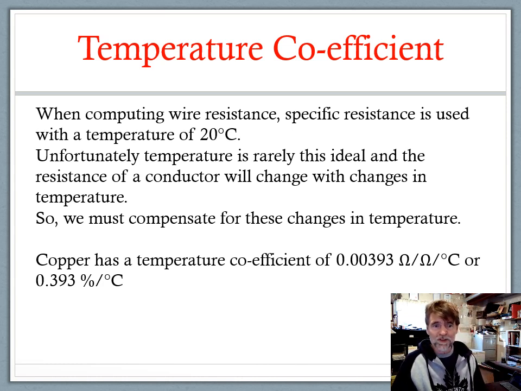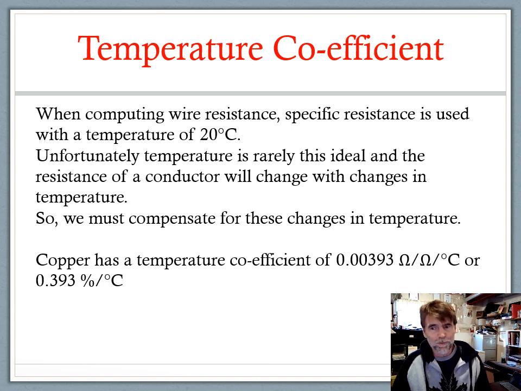What that means is that the resistance of that copper, any copper, is going to change by 0.393% for every degree the temperature changes. And in fact, it is an increase. It's a positive change, which means as the temperature goes up by a degree, the resistance goes up by 0.393%. Let's back up to the first number though, which is not a percentage.